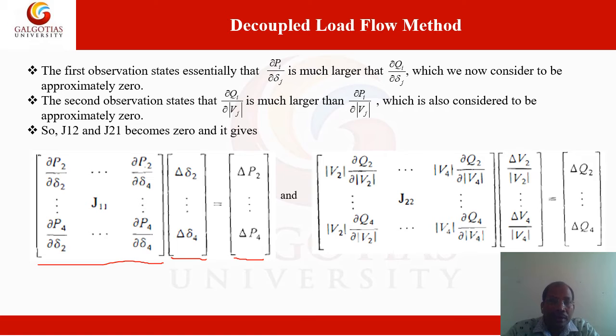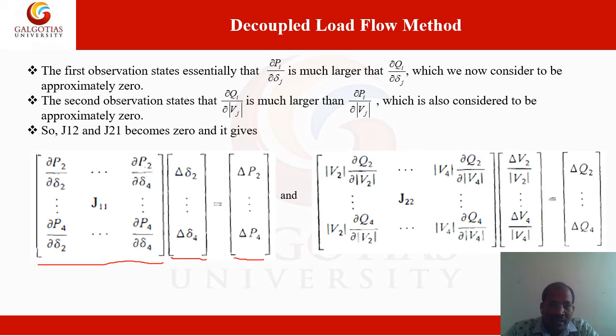Then further we have to calculate del 2. Similarly, we have to calculate J22. Here we have to calculate the reactive power partial derivative with respect to magnitude voltage. So all initial values we have to put and calculate the mismatch power, reactive power, then calculate the value.